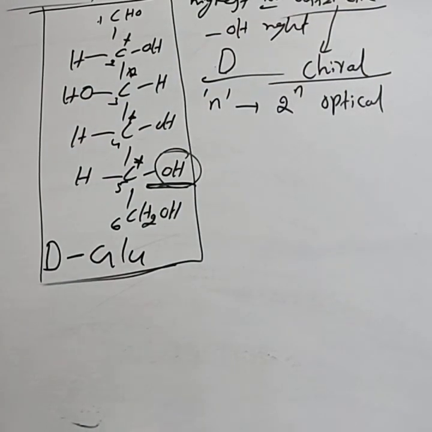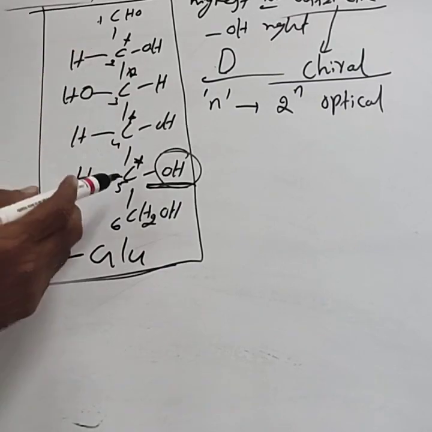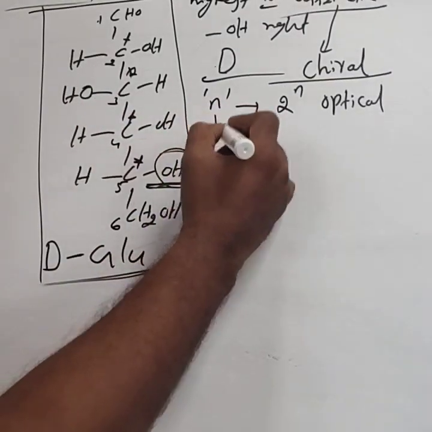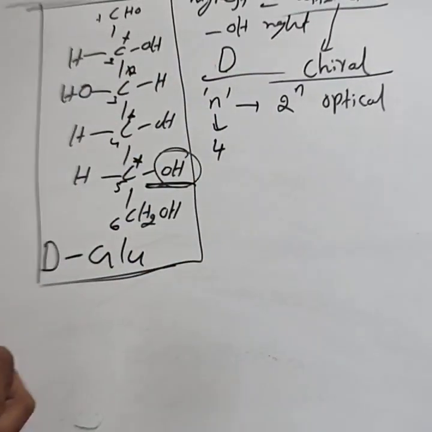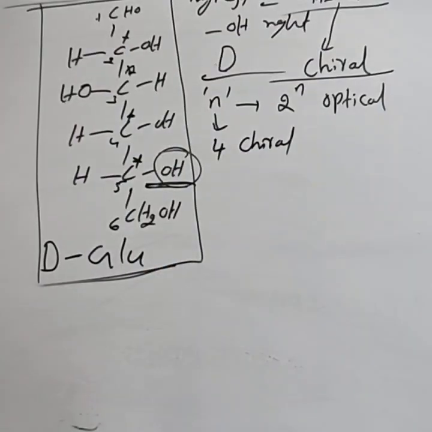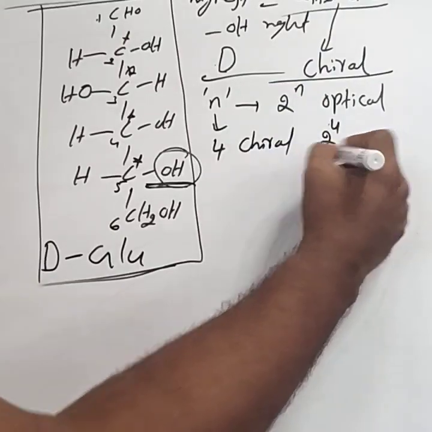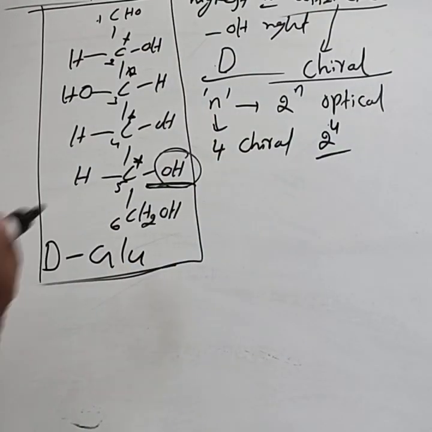Glucose contains how many chiral centers? The second, third, fourth and fifth. These are the chiral centers. That means glucose has 4 chiral centers. Due to the presence of 4 chiral centers, the possible number of optical isomers for glucose is 2 power 4. This is about the number of optical isomers.